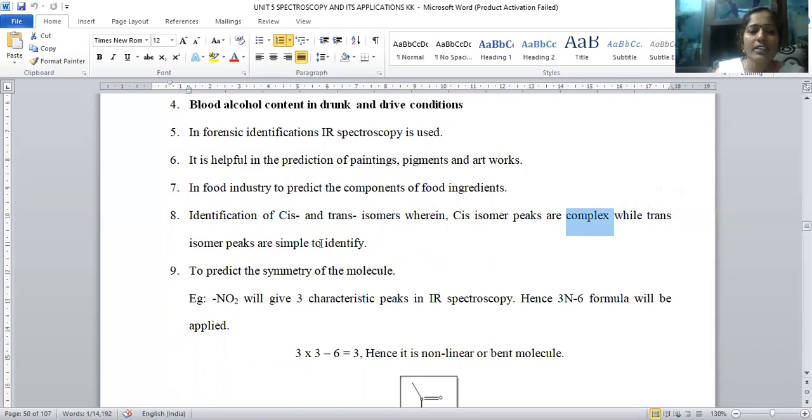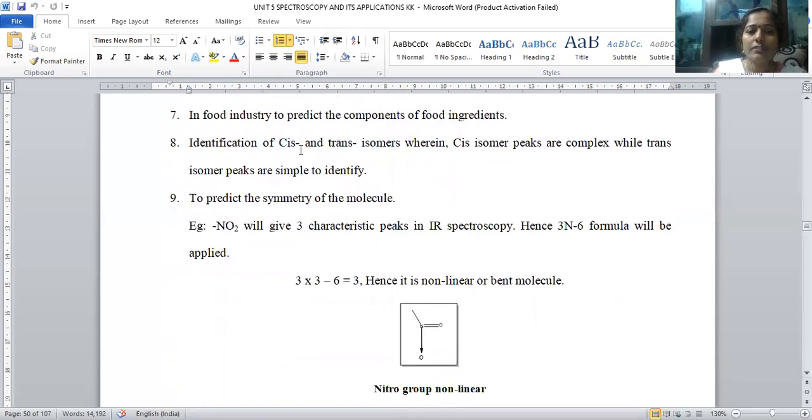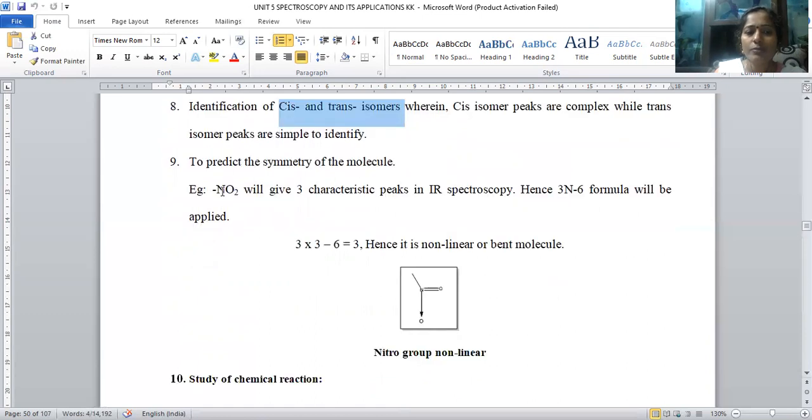Whenever the trans isomer is considered, we will get a simple spectrum of the given compound. So distinguishing cis and trans isomers is possible by using infrared spectroscopy. And the most important, the geometry of the compound, whether the given compound is a linear or bent molecule, can be easily predicted based on the number of degrees of freedom.